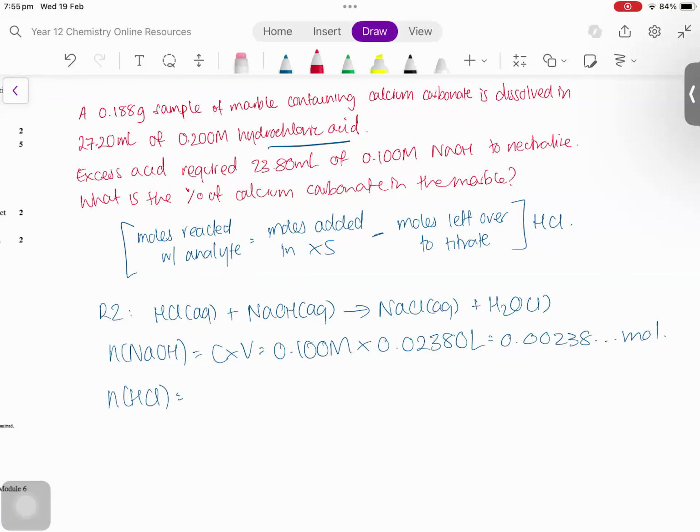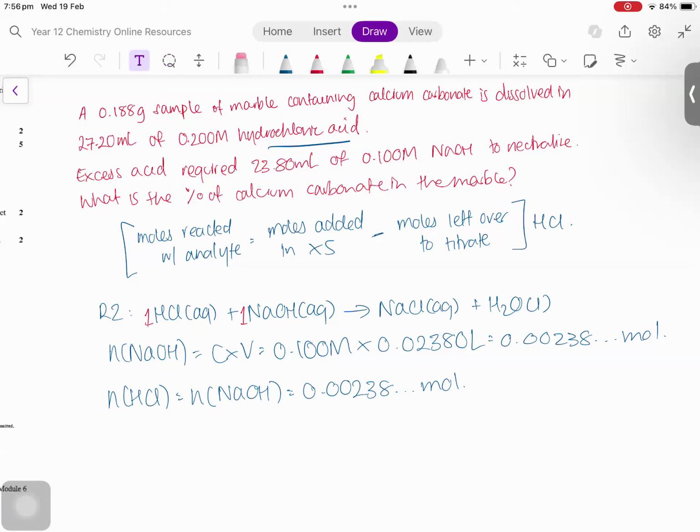The same because it's a 1-to-1 ratio. The only difference now is usually titrations end with a concentration calculation, but you're just going to stop it at moles. HCl shows up in both, so I have to be careful with my labeling here.